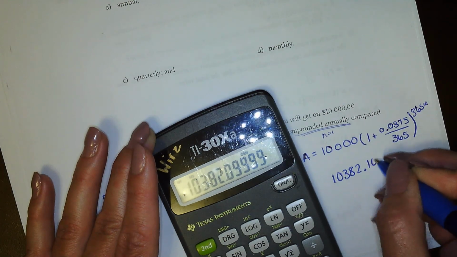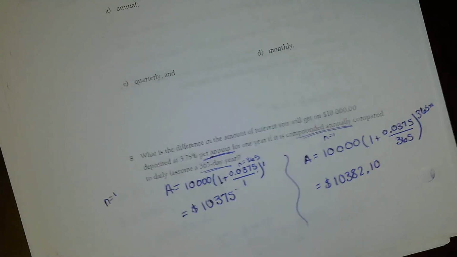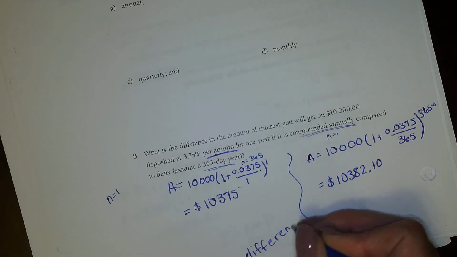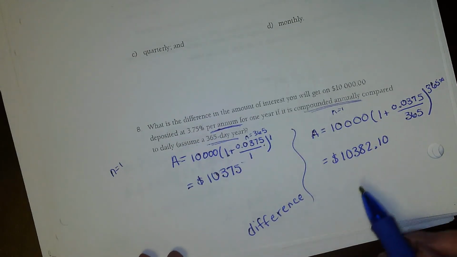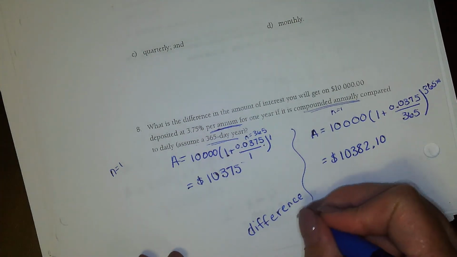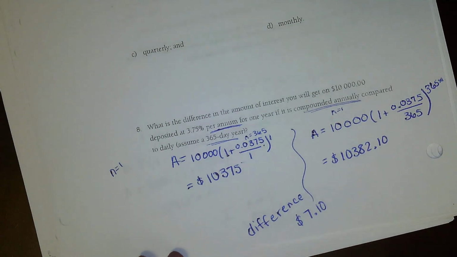And probably go to 10 cents. So the difference is going to be this take away this one. So actually it ends up being like $7.10. So you make a little bit more when you compound it daily than if you compound it just yearly.